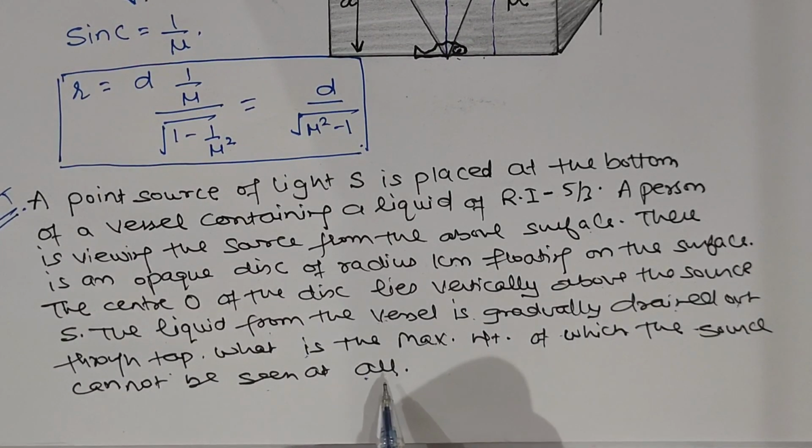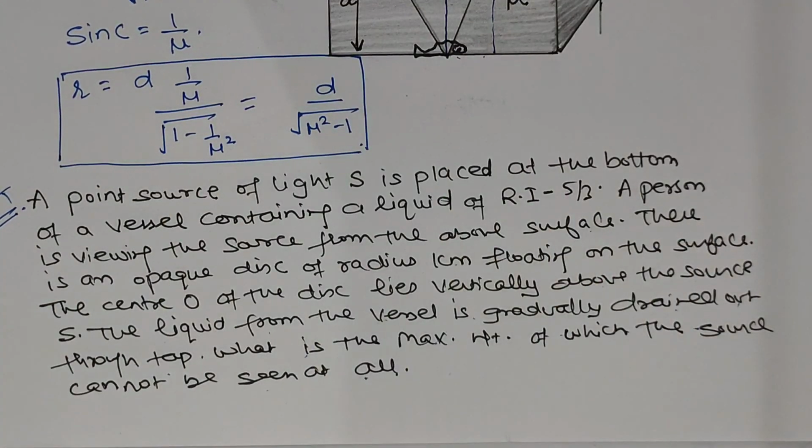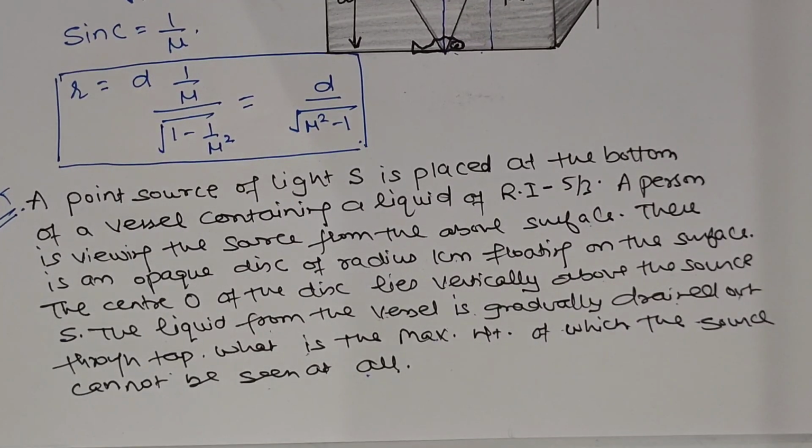So if a person cannot see the object at all, it means there is total internal reflection. As we have already done in the previous case, if the incident angle is greater than the critical angle, there will be total internal reflection, which means there is a region on the surface of water which appears dark.